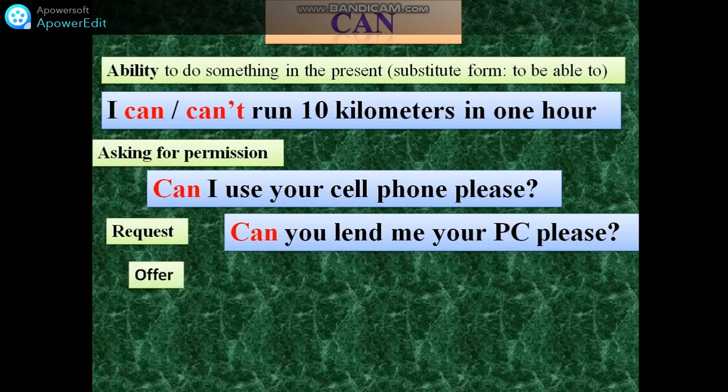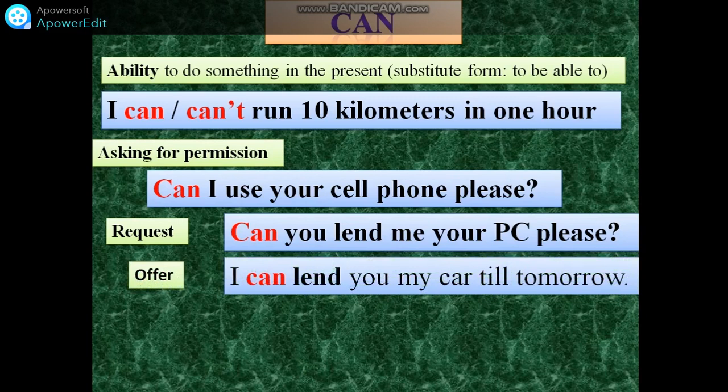Good. Now, can also means offer. For example, I can lend you my car till tomorrow. This is an offer, okay? You offer to lend your friend your car. Great. Can also means possibility.